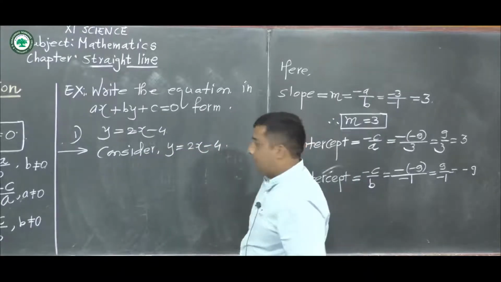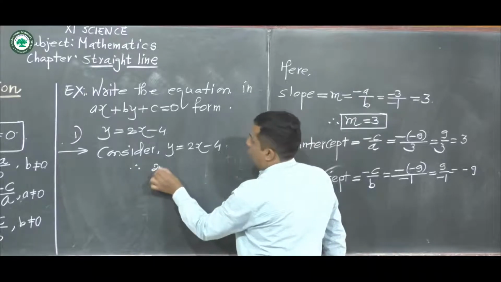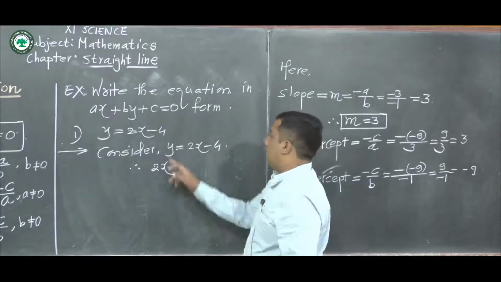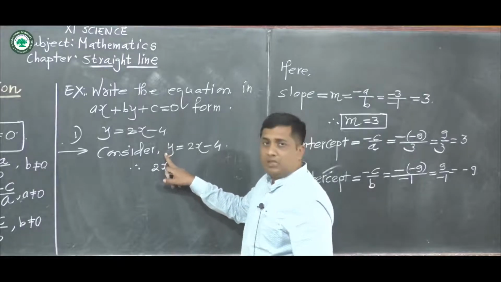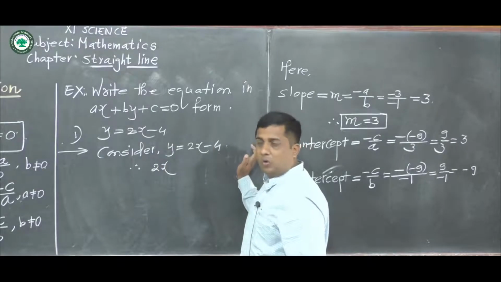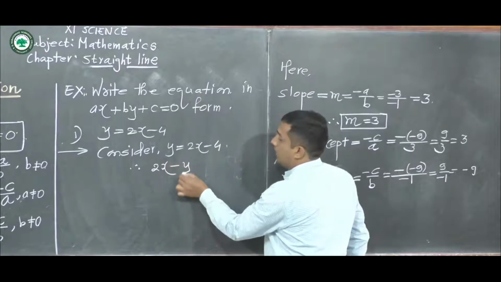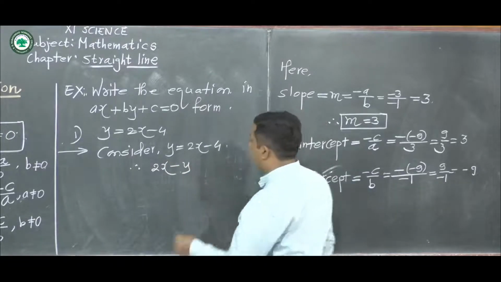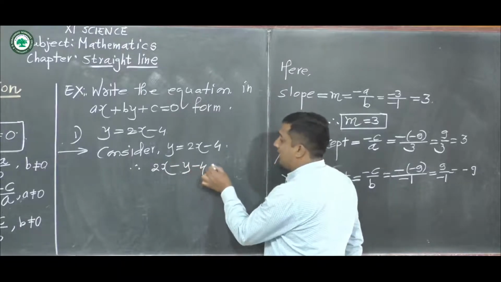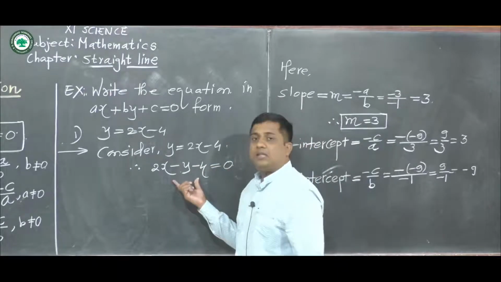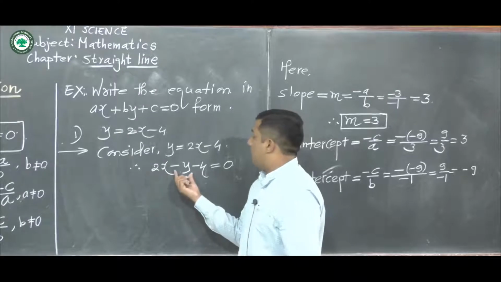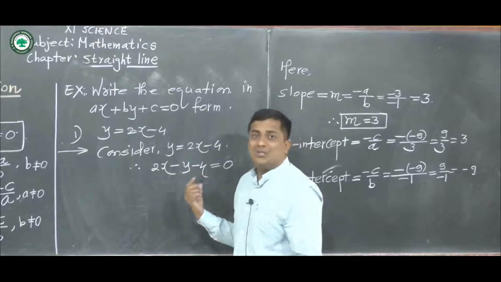Here y is on the LHS. We have to shift this y to the RHS. If we transfer it, we get 2x minus y minus 4 equal to 0. Now this equation is in the form ax plus by plus c equal to 0.